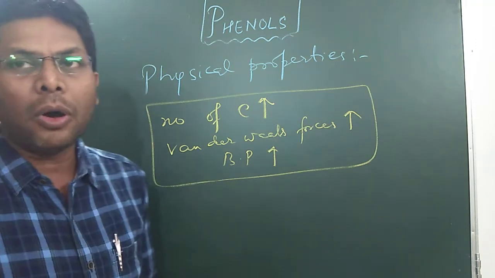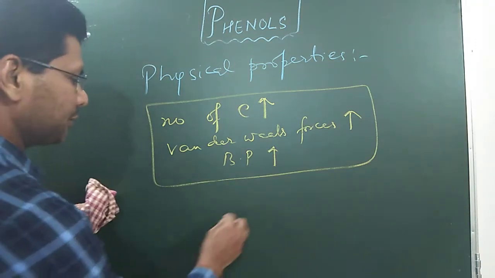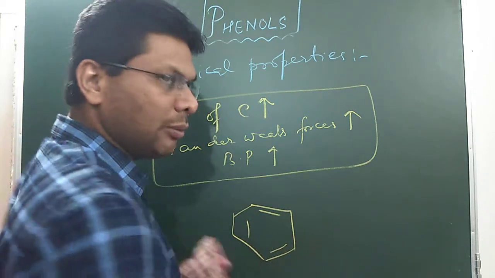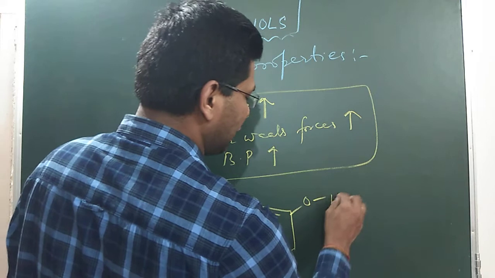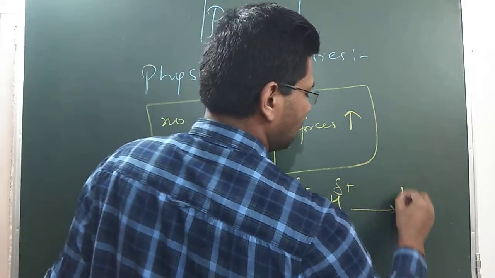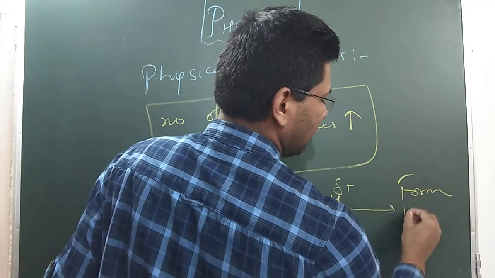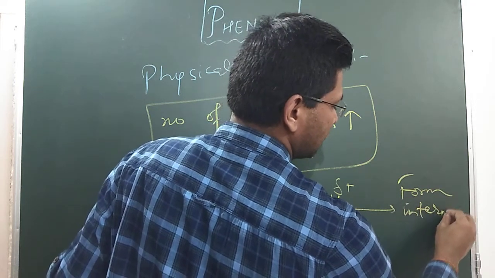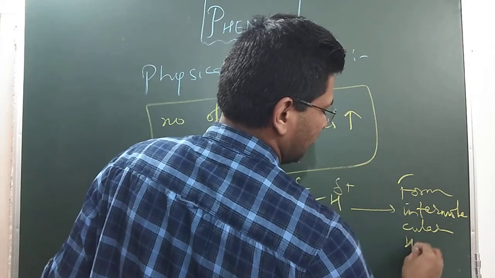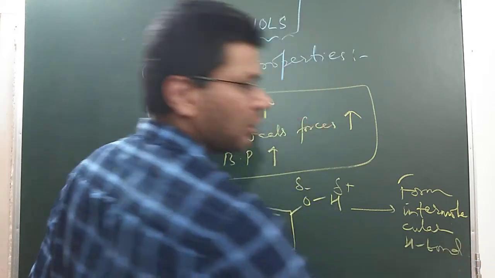Phenol forms intermolecular hydrogen bonding. So phenol is soluble in water because it is able to form intermolecular hydrogen bonding. Due to this, phenol is soluble in water.